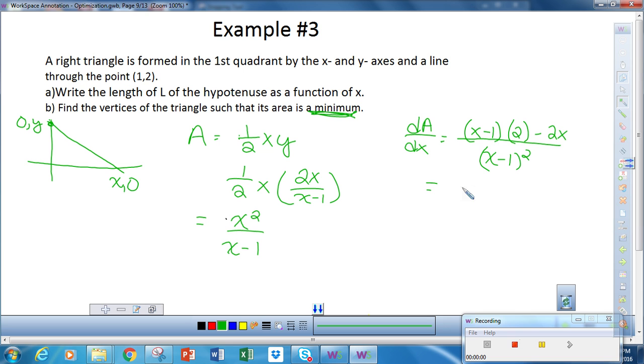So that gives me 2x minus 2, minus 2x. I got a problem here somewhere. Where did I make a mistake? This is 2x squared. Okay, so let me do that again, because that should be, no.